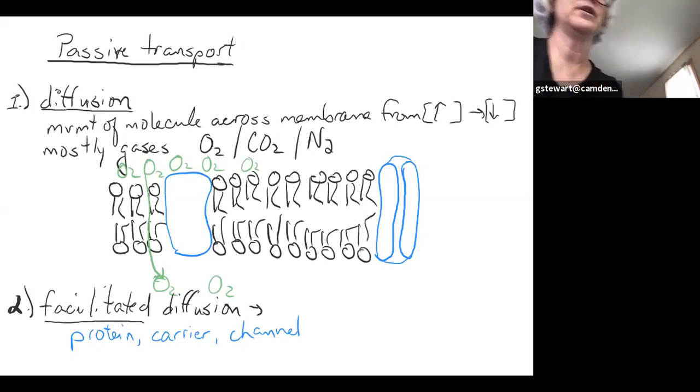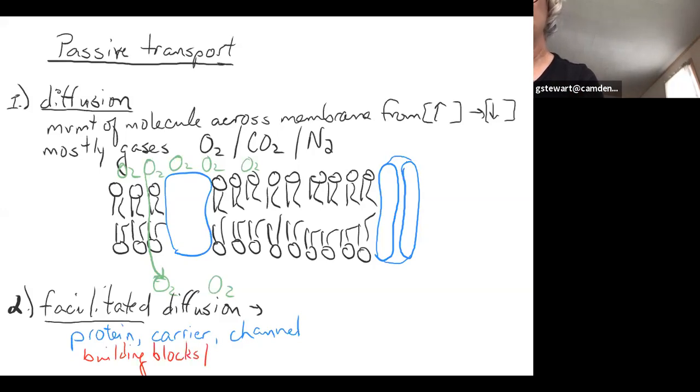So for facilitated diffusion, these usually are for molecules that are a little bit larger, maybe the building blocks, or what we're calling the monomers in chapter 5. Sorry, chapter 5 never goes away. Bummer. Things like a monosaccharide, maybe a glucose, or maybe an amino acid. I usually just abbreviate amino acids like that, A.A for amino acid.